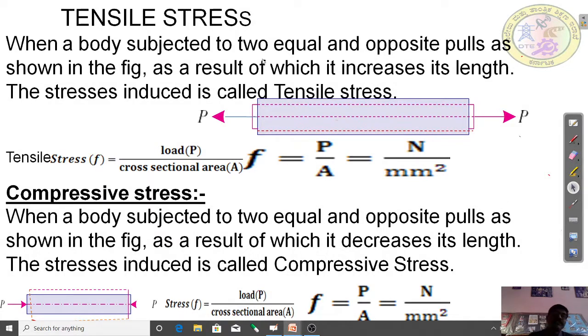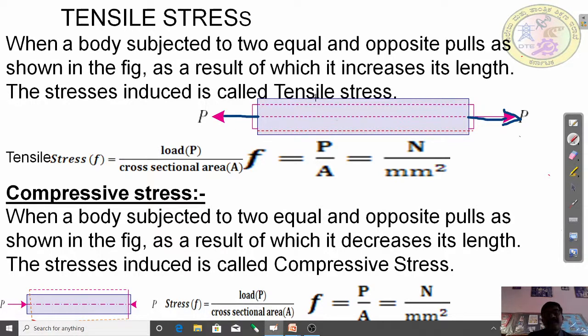When a body is subjected to two equal and opposite pulls, as a result of which the body tends to elongate, which is shown by dotted lines, and the stress induced is called tensile stress. Tensile stress is indicated by f, and the P is load and A is cross-sectional area.